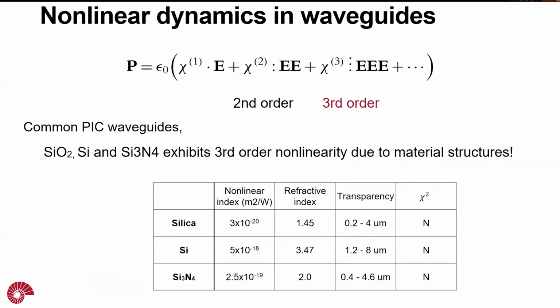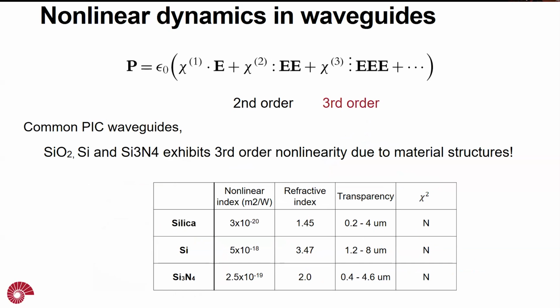But as I said, we are not in the crystal business, we are in different materials. Our common materials are silicon and silicon nitride, and they don't have this crystal structural orientation. That's the reason they have chi3 nonlinearities.